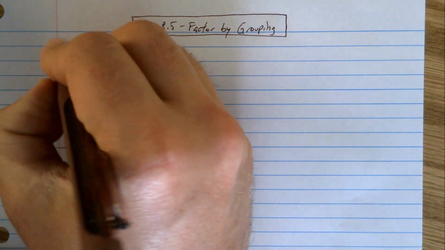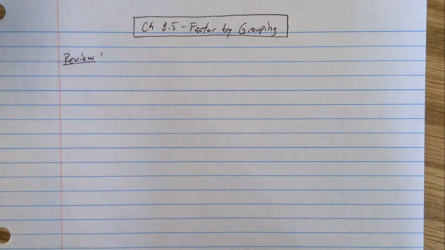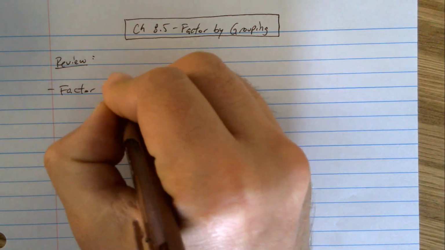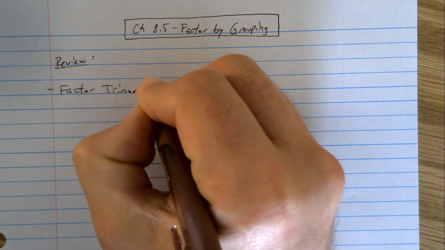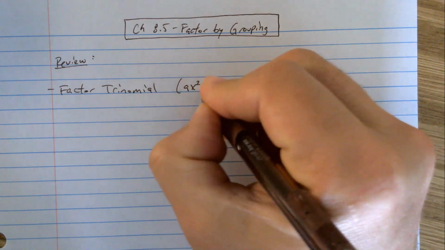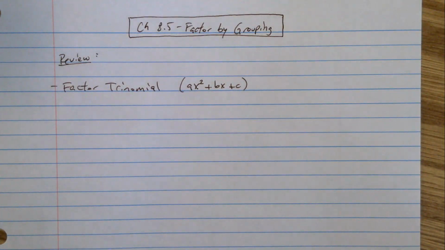Just to review what we have covered so far in factoring, when we factor a trinomial of the form ax squared plus bx plus c, those are the three terms.